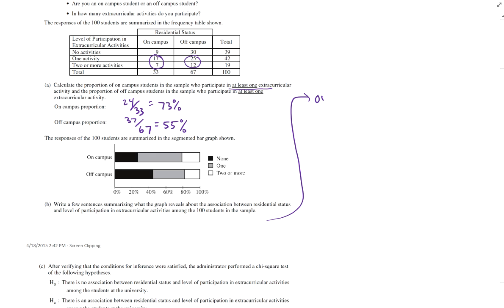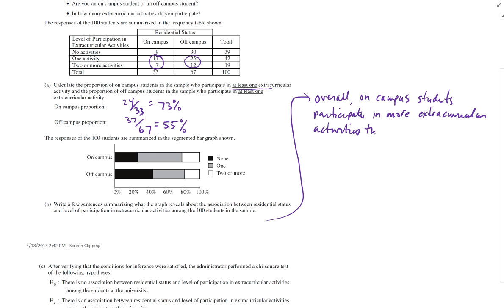On campus overall, students living on campus participate in more extracurricular activities than do off-campus students. Okay. So that's the general statement.